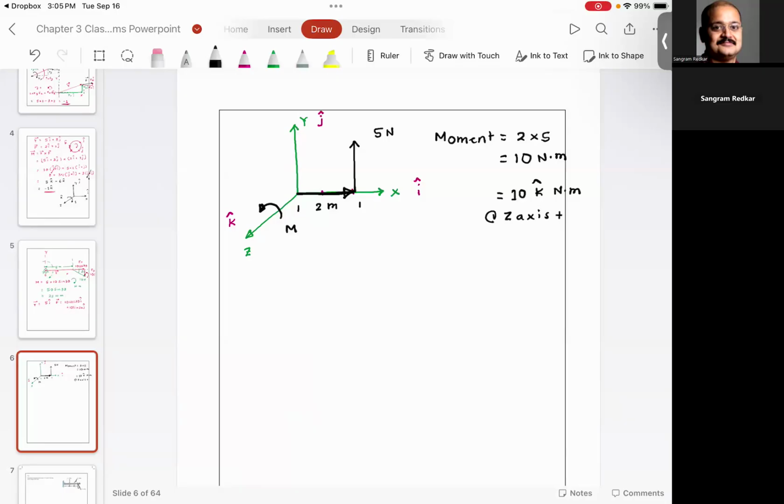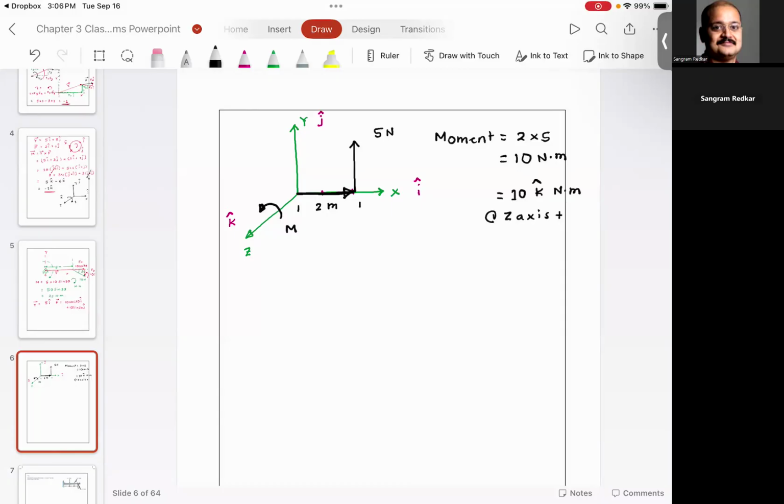You agree with me? Now I want you to observe this very important observation, and I want you to remember this. The radius is about x. Can you see the radius is in the x direction? Force is in the y direction. But the moment is about z direction. You agree with me?